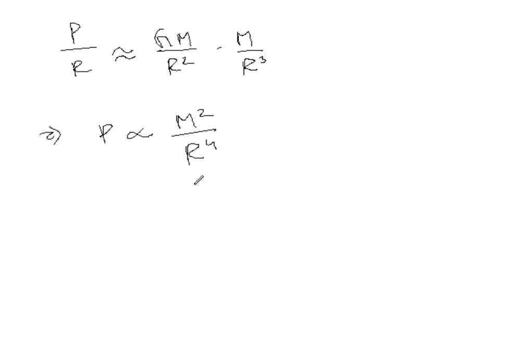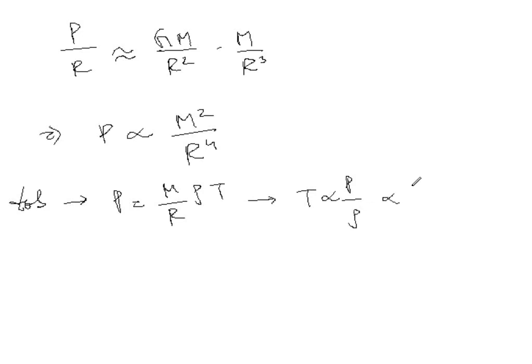Now making use of the equation of state, which is P equal to R by mu rho T, we can get temperature T proportional to P by rho, or proportional to m squared by r to the power 4 into r cubed by m, which is proportional to m by r.